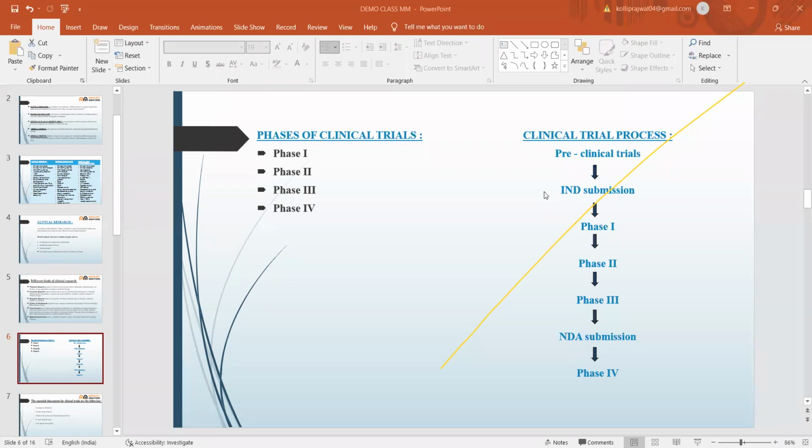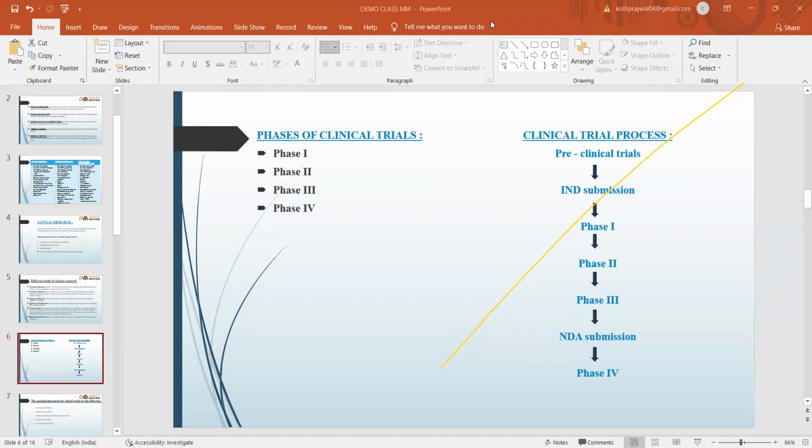We are going to submit the data which we have collected from the preclinical trials, and all the clinical information which we have about the investigational drug, to regulatory bodies.